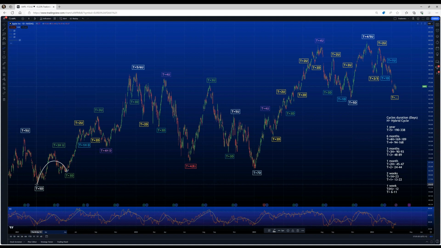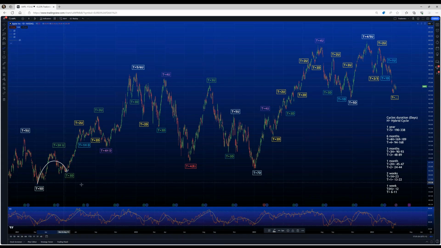Well, we need a subcycle of 2 degrees less. So if we are expecting that from this low a T plus 3 is in development, then we need a minimum duration of 13 bars, like a T plus 1, so 2 degrees less. So T plus 3 minus 2 is a T plus 1.